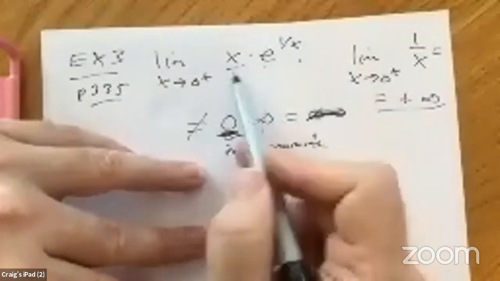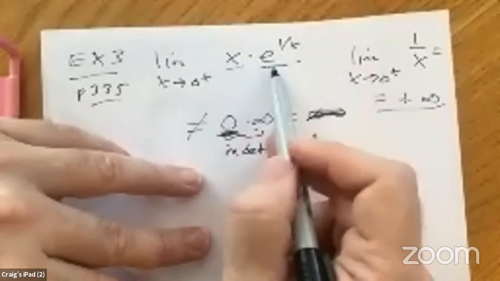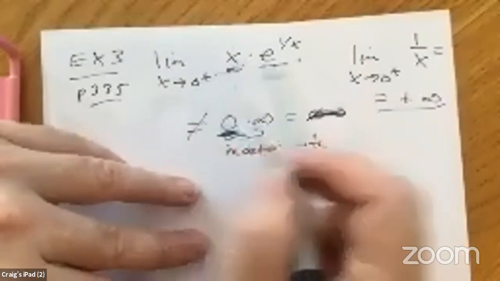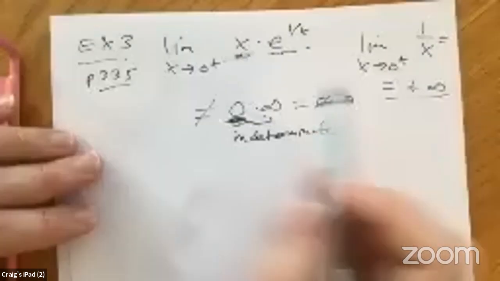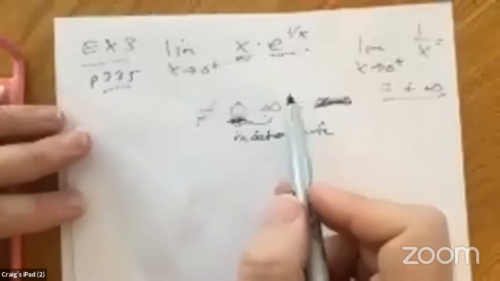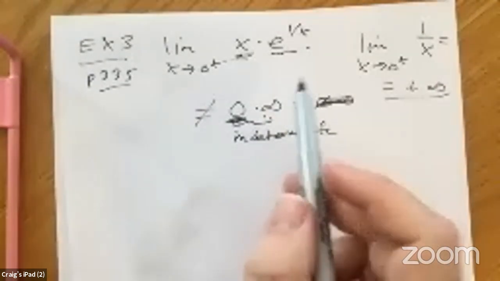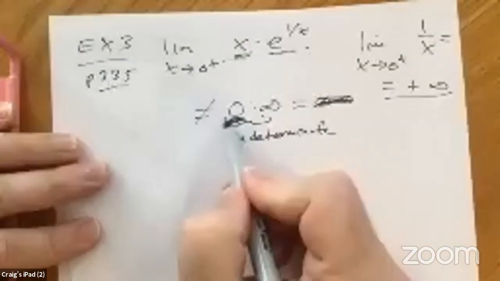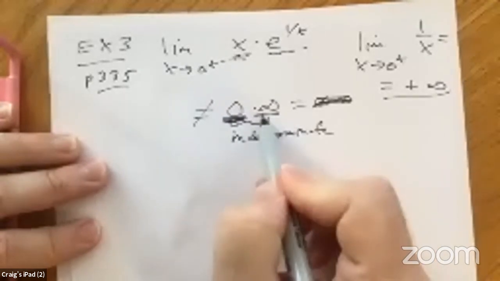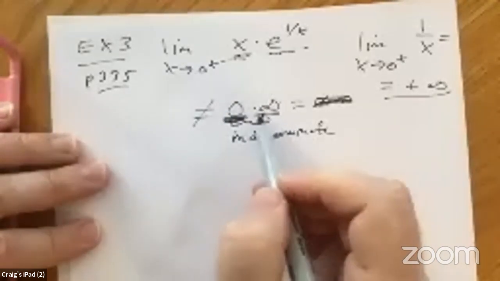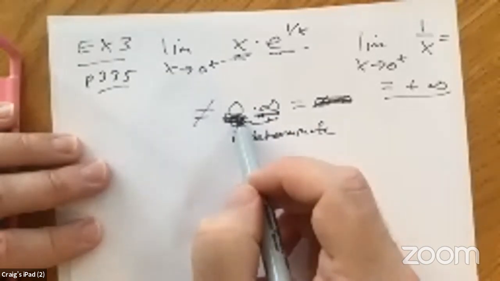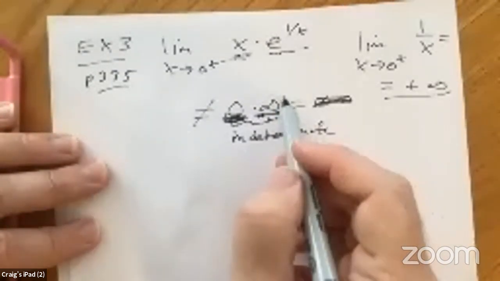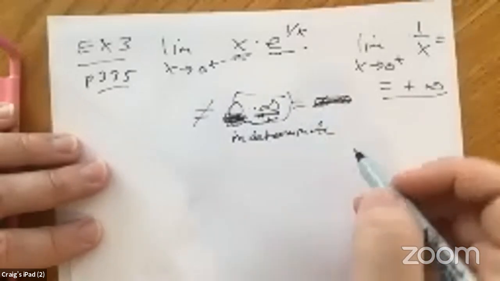The combination, I don't know which one's winning. Is this going big faster than this one's going small? I don't know. Well, I do know I've seen this problem before, and we're going to solve it right now by using L'Hopital. But we can't use L'Hopital on it right now. It's just 0 times infinity. Remember, L'Hopital is only for infinity divided by infinity or 0 divided by 0. So the trick on all these 0 times infinities is to rewrite it.